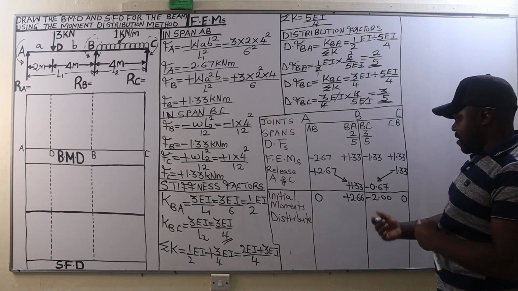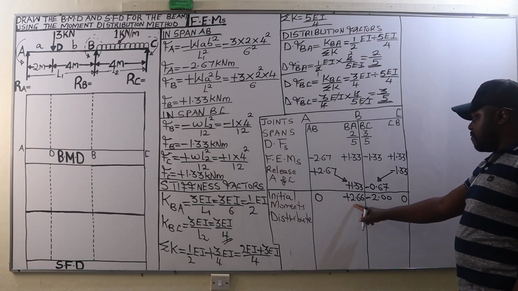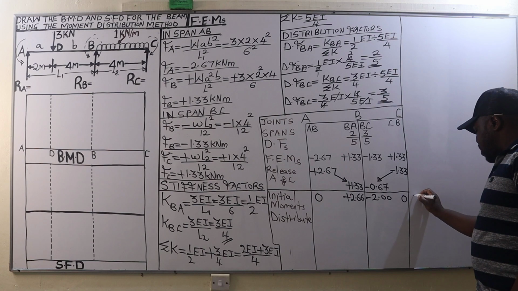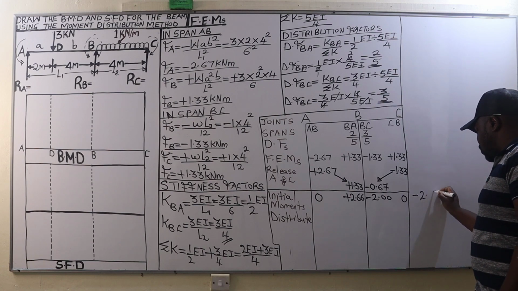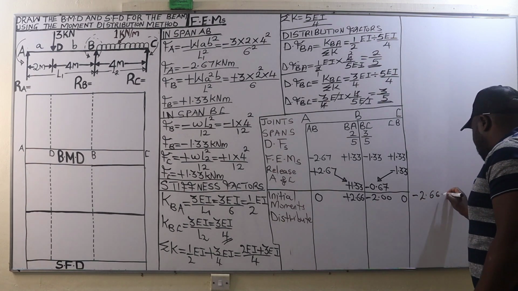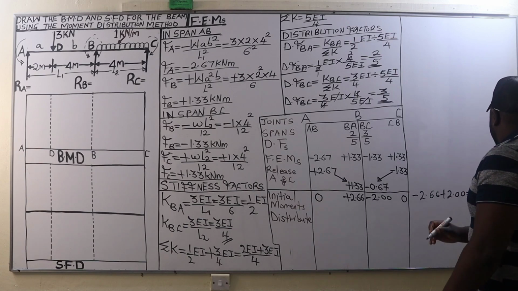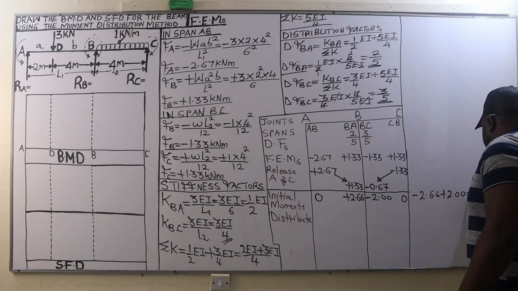To get the excess moment, we usually change sign. So the positive 2.66 we take as negative 2.66, and the negative 2.00 becomes positive 2.00, and that gives us an excess moment of negative 0.66.